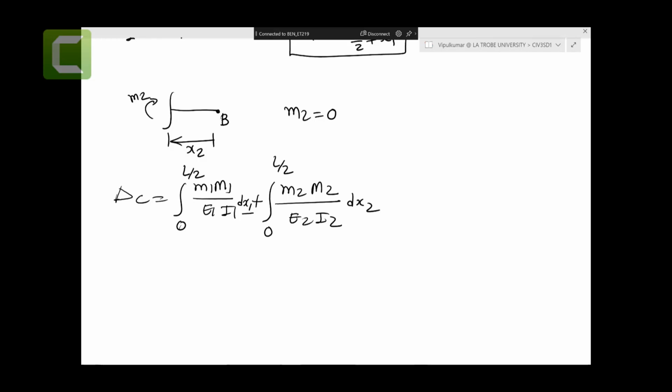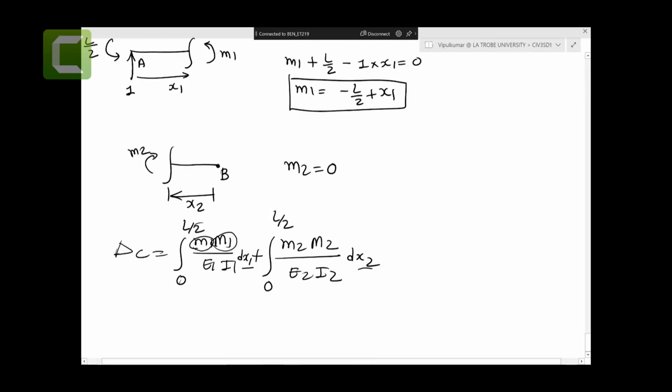As I mentioned, if you are using different conventions, then your capital M1 would have a different convention. Therefore, I told you to be consistent between small m1 and capital M1. So then you have one set of integration limits. So these 0 and L by 2 come from x1. That is nothing new. x1 starts from 0 and finishes at L by 2.